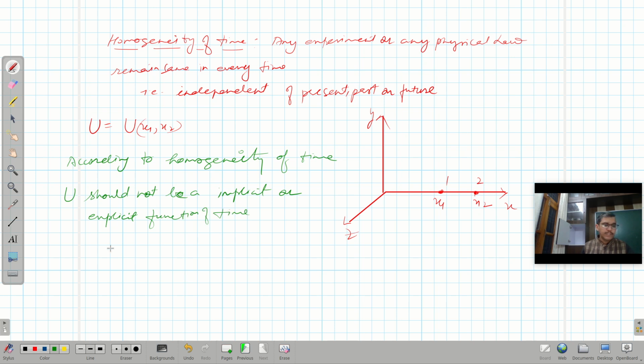So what does it mean? That means mathematically that ∂U/∂t is equal to 0. That's the meaning. This shows that U, the potential energy, is independent of time. So now we will try to prove how this leads to the law of conservation of energy.